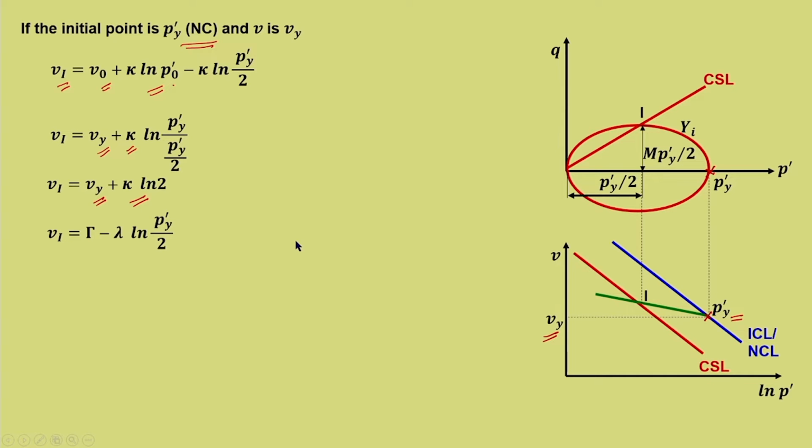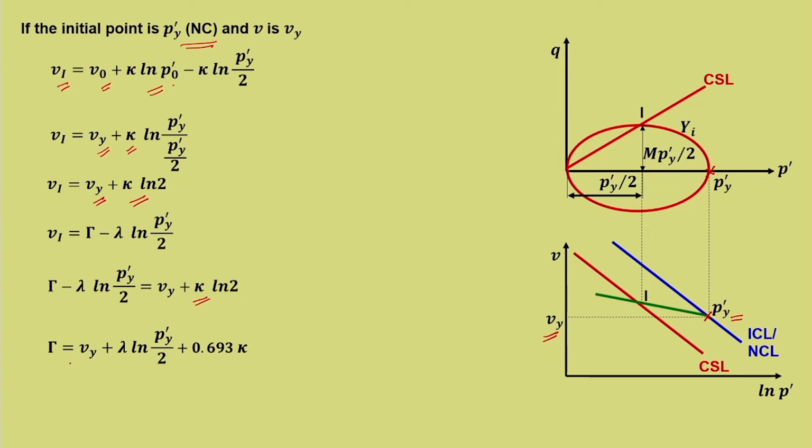Also, Vi is equal to gamma minus lambda ln P dash y by 2. So, that also we can write. If we substitute, we can get gamma minus lambda ln P dash y by 2 is equal to Vy plus kappa ln 2.